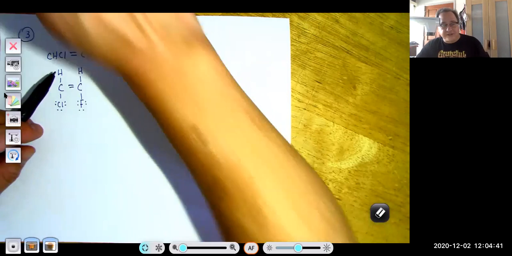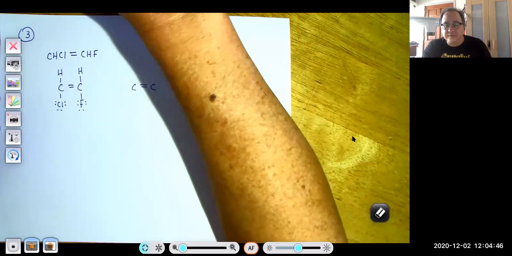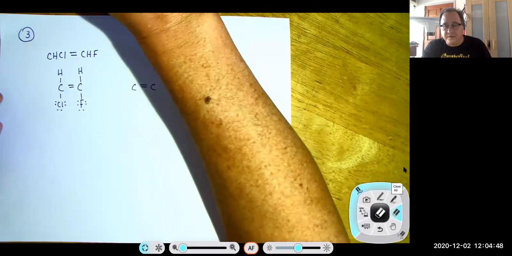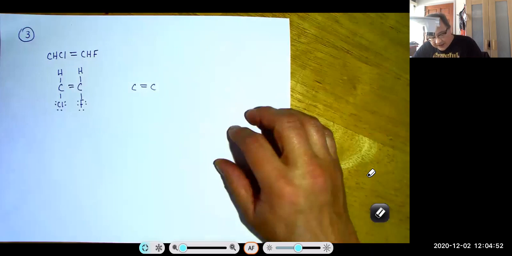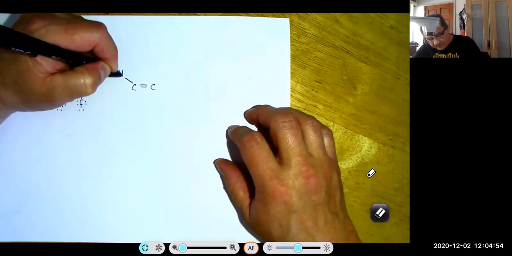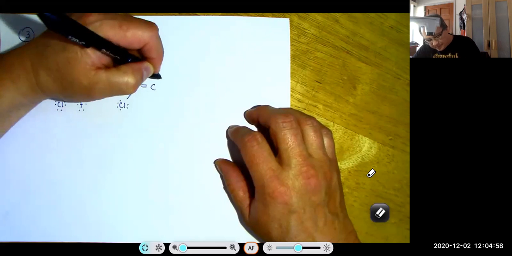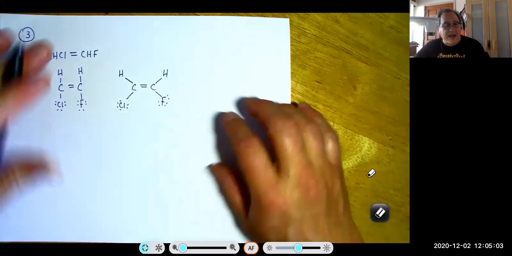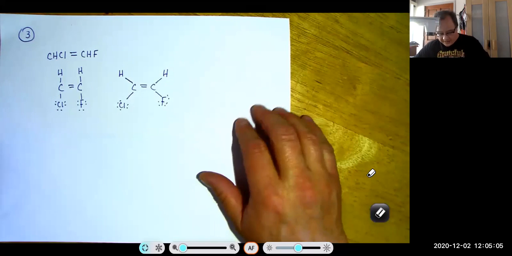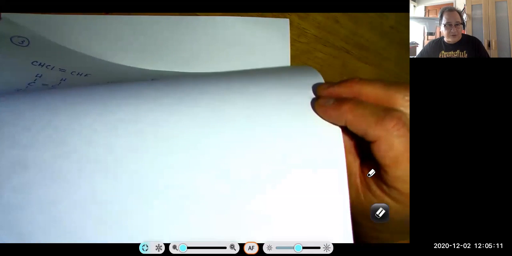So when we draw this and make sure that it is trigonal planar, we could draw it like this. So all of the atoms are in the same plane. And if I were to take my paper and lift it like this, we can see that it is indeed flat since they're all in the same plane.